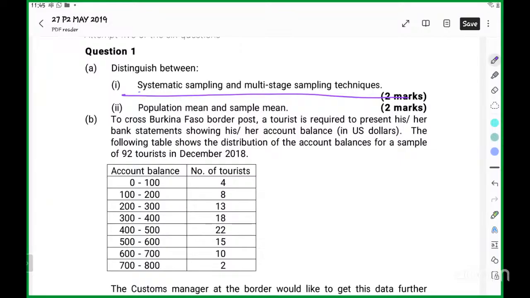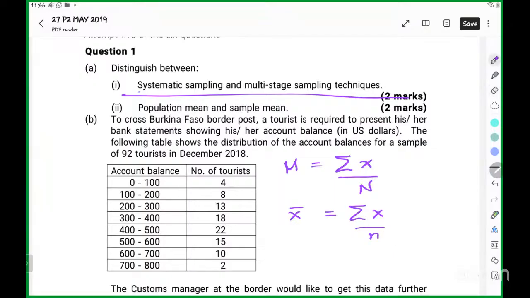So some students do this. They'll tell you population mean is mu equal to summation x over n, and sample mean is x bar equal to summation x over n. Okay. Now, when they are defining, actually here they'll use small n.